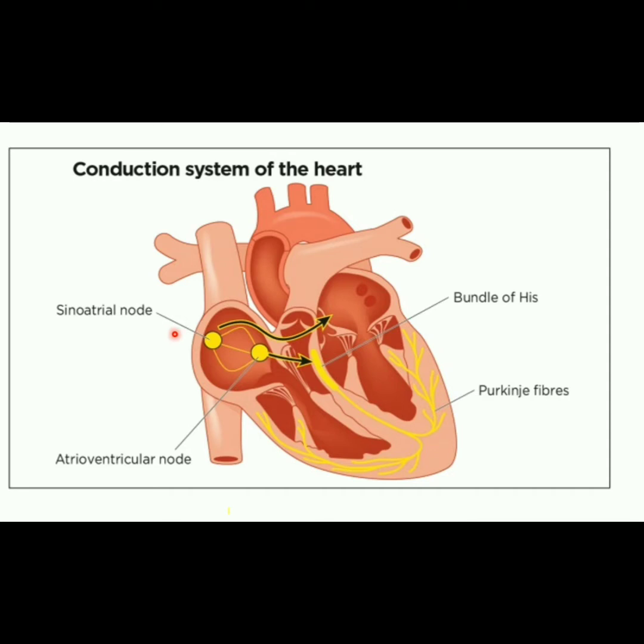From the SA node, the conduction goes to the AV node. We also call the AV node the gatekeeper of the heart. The reason we call it the gatekeeper, just like the name says, is that the AV node decides which impulses to let go through.